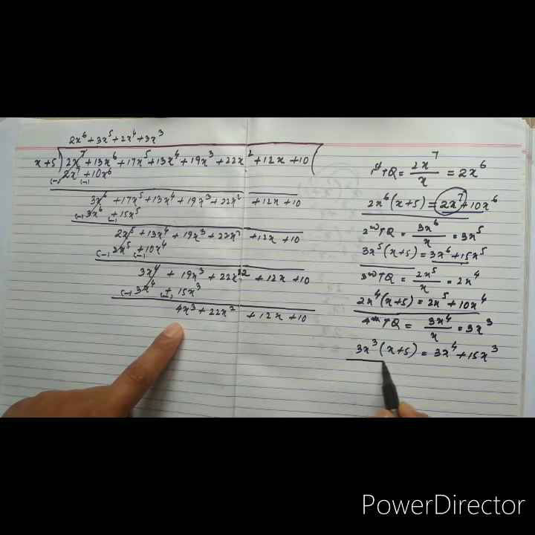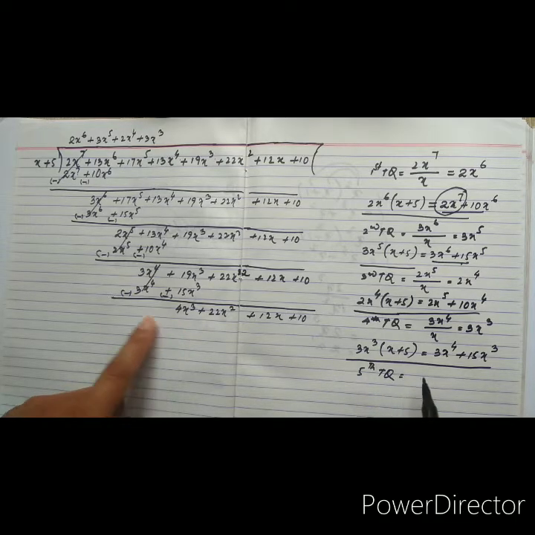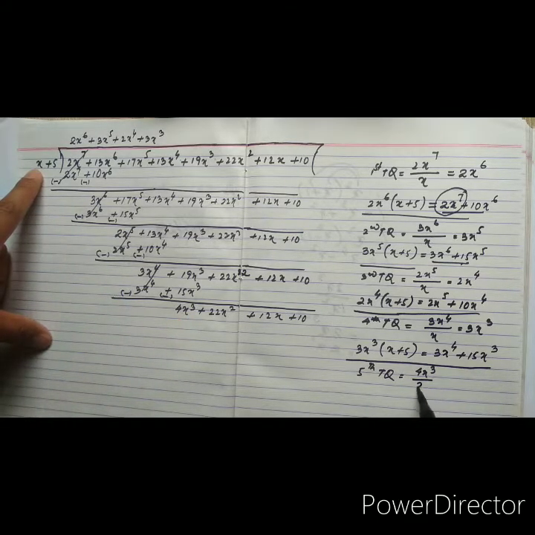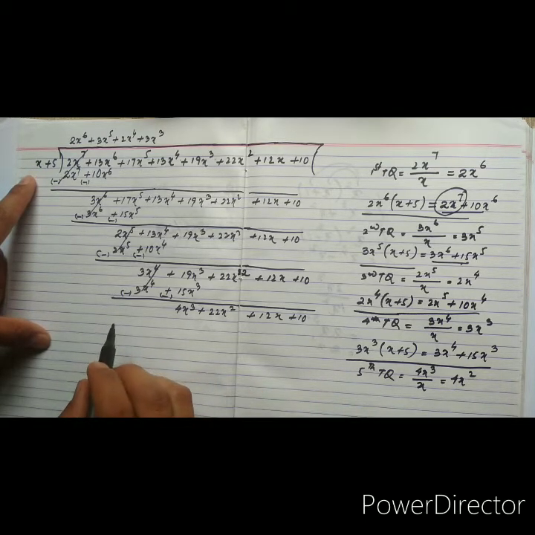Next we are going to find the fifth term of the quotient. From here we'll take this 4x^3 divided by x. We'll get 4x^2. This 4x^2 becomes the fifth term.